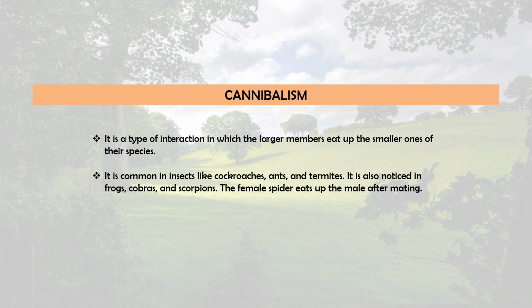Cannibalism is common in insects such as cockroaches, ants, termites. It is also noticed in frogs, cobras, and scorpions. Female spider eats up the male after mating.